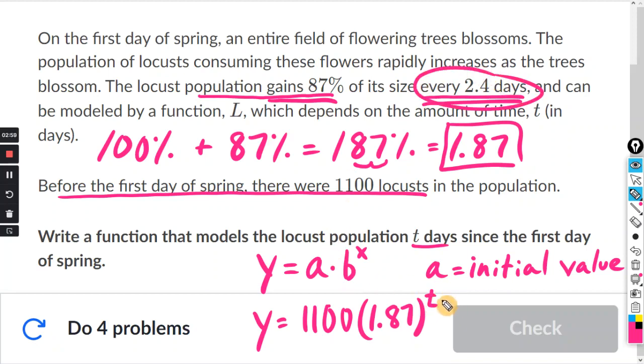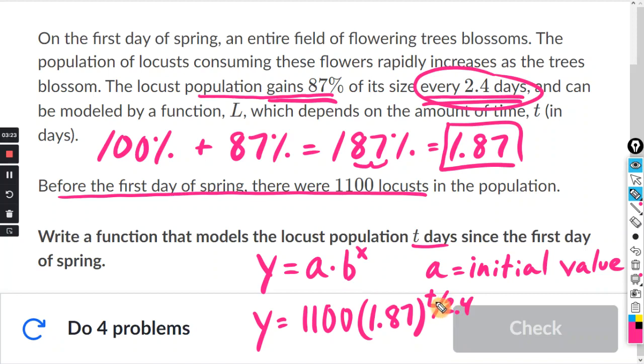So you take t, the exponent, and you divide it by 2.4. This way, when t is 2.4, the exponent's going to be 1. And then when t goes up by another 2.4, the exponent's going to be 2, and so on.